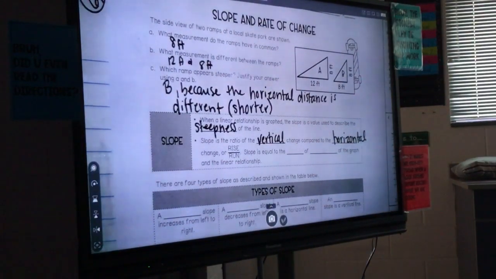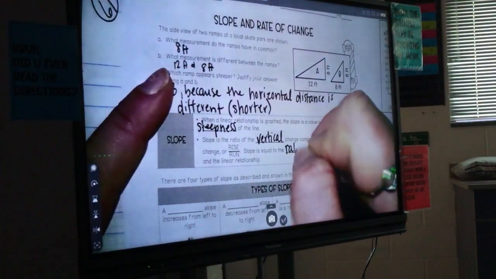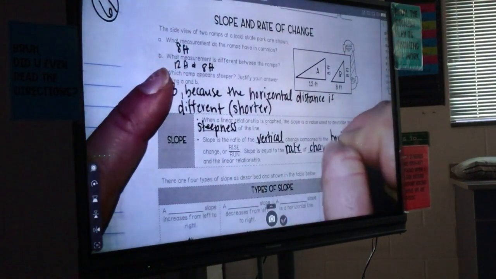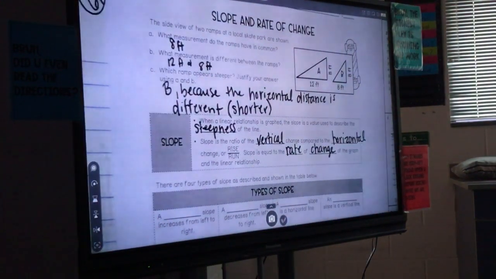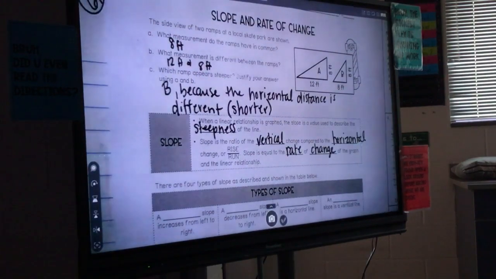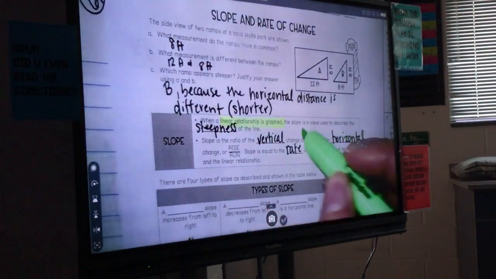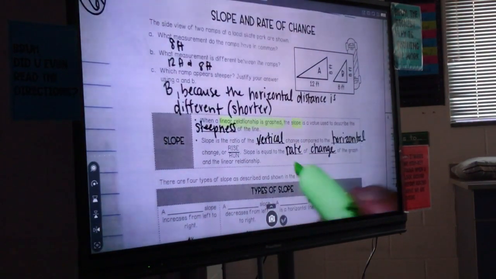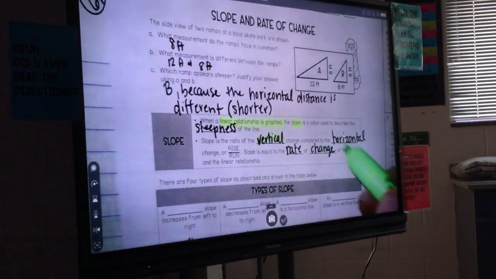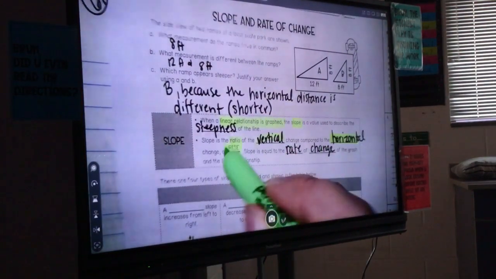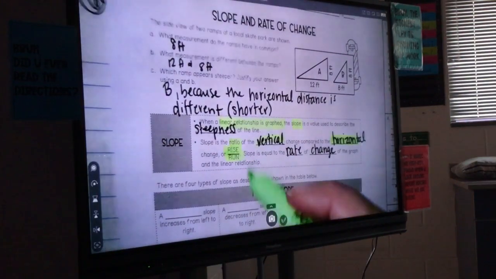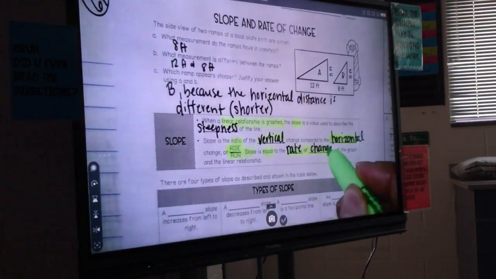And slope is equal to the rate of change of a graph. All right, so when a linear relationship is graphed, we're talking about the ratio of vertical to horizontal, or rise over run, and slope is equal to the rate of change.